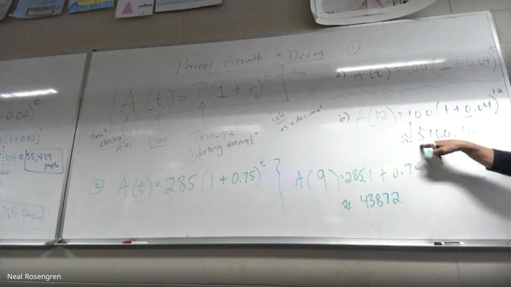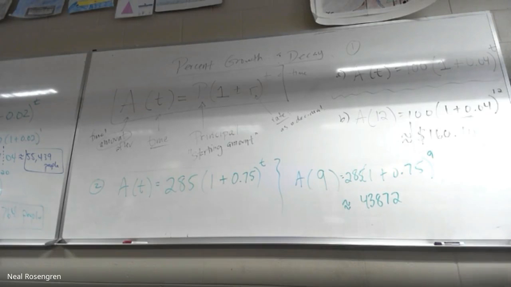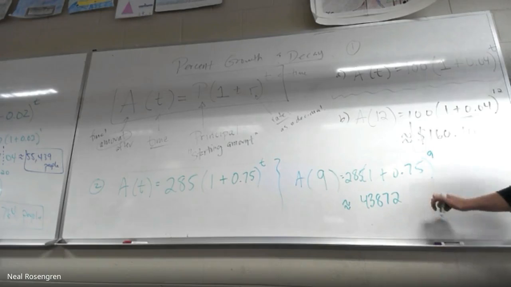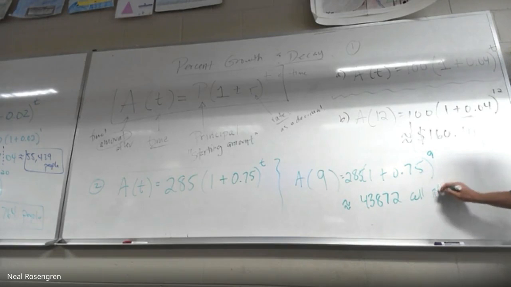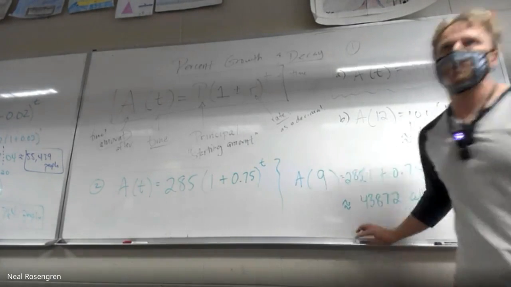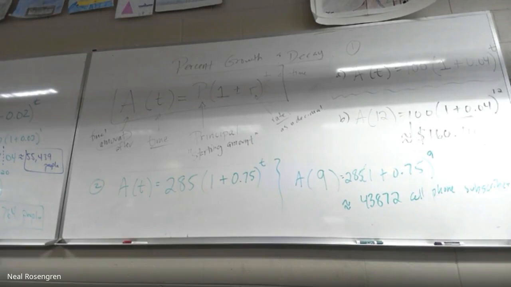Now we put a unit right there. 43,872 what? Cell phone subscribers. Always, always, always put the unit. You can put subscribers, you don't have to say cell phone, you can just say subscribers, but yeah, we have to figure out what we're counting.